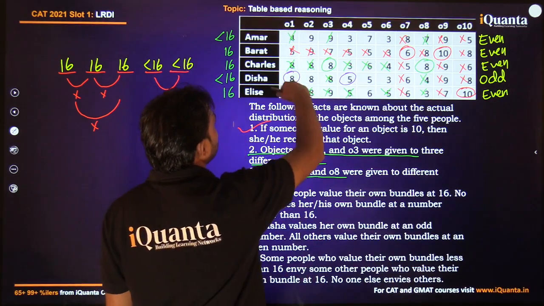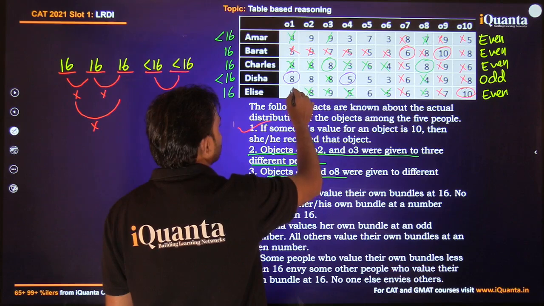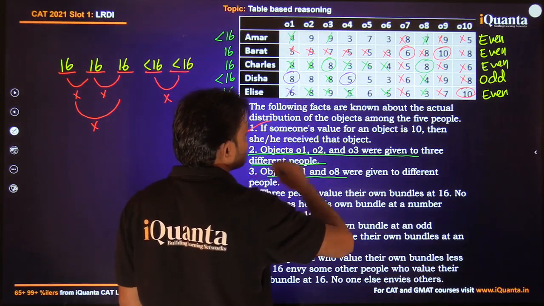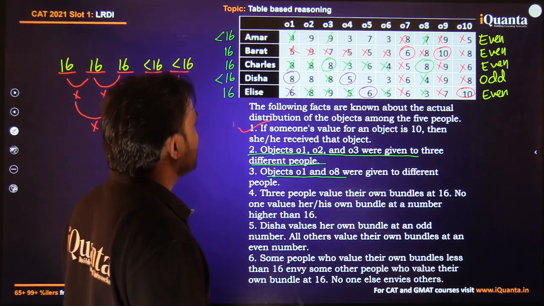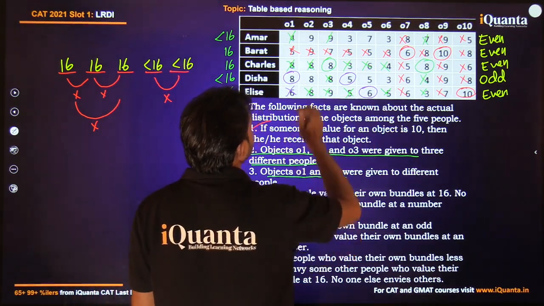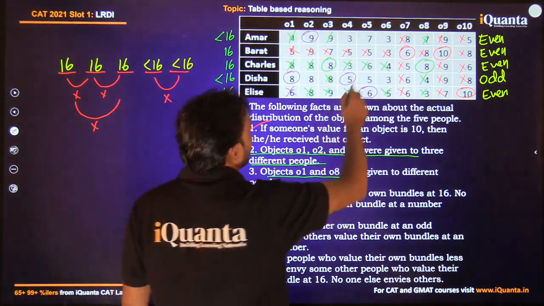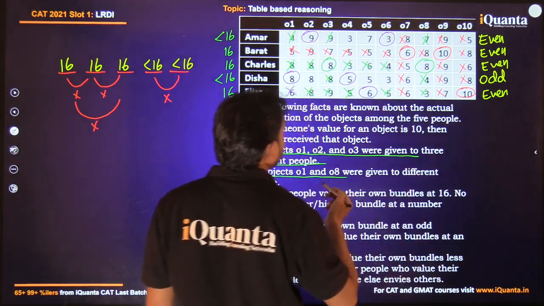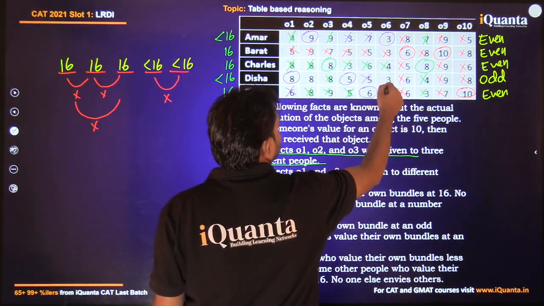If object 1 is received by Disha, then object 1 must not be received by Ellis and object 5 is received by Ellis. In that case, the only objects left for Amar are object 2 and object 3.